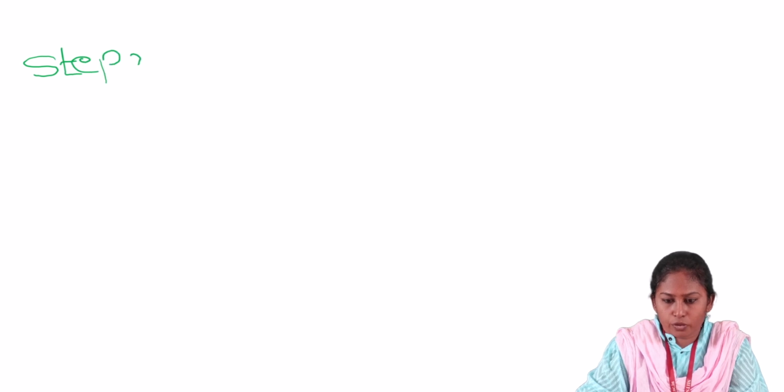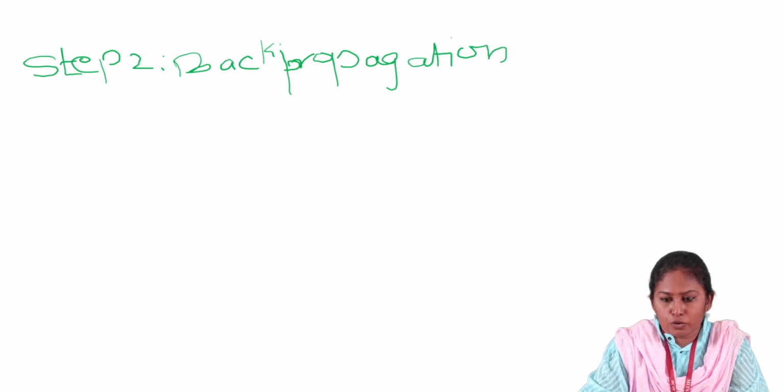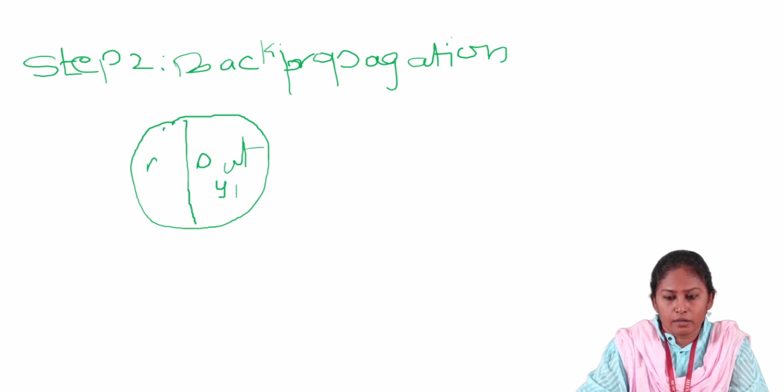Now we are going to start the exact second step, step 2, the backpropagation. I can represent the output layer somewhat differently: out y1, that means after applying the activation function, and net y1 before applying the activation function, and I got some error here.